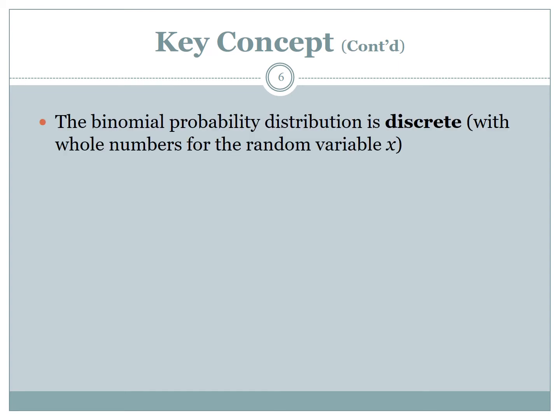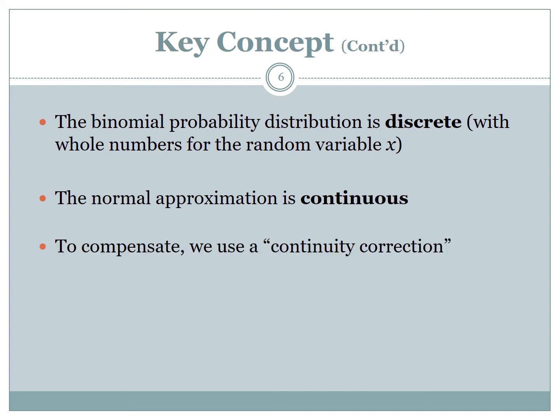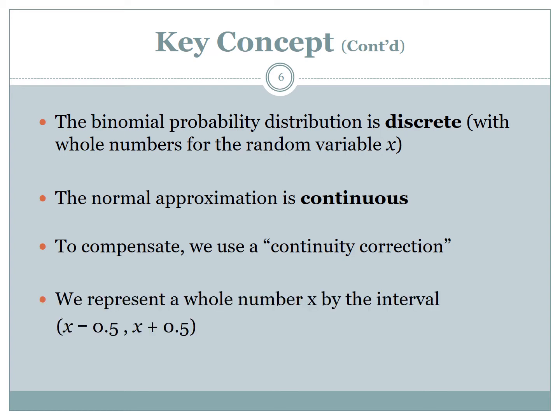Like I said before, the binomial probability distribution is discrete. So that is, we deal with whole numbers for the random variable. On the other hand, the normal approximation is continuous. To compensate for this, we use something that is called a continuity correction.